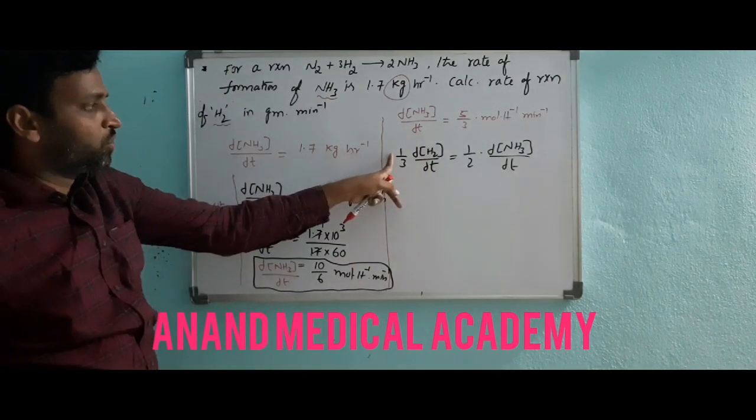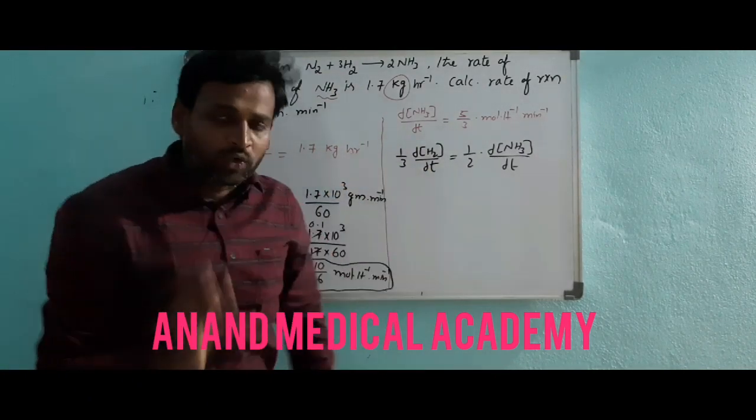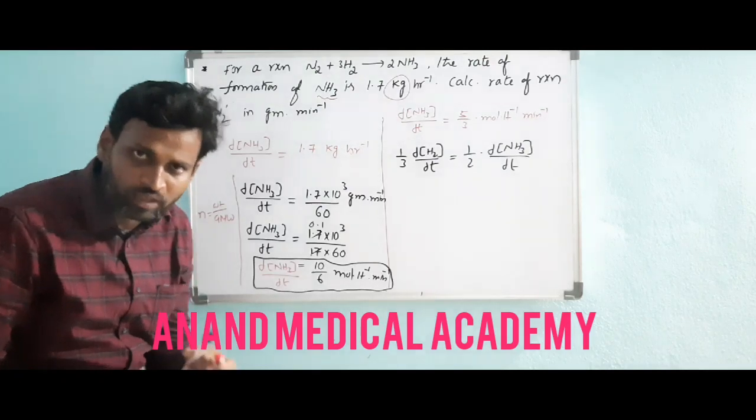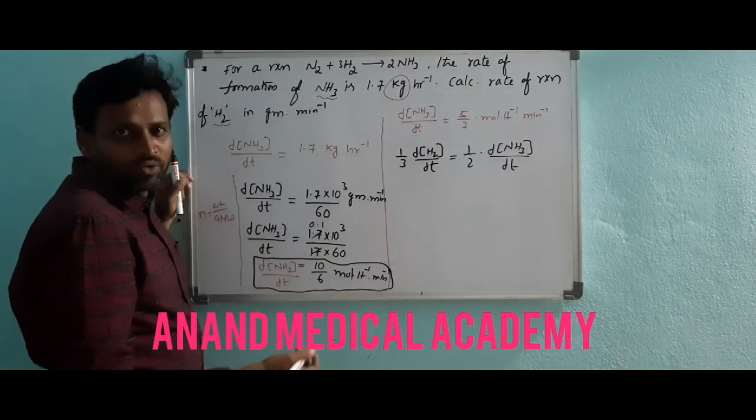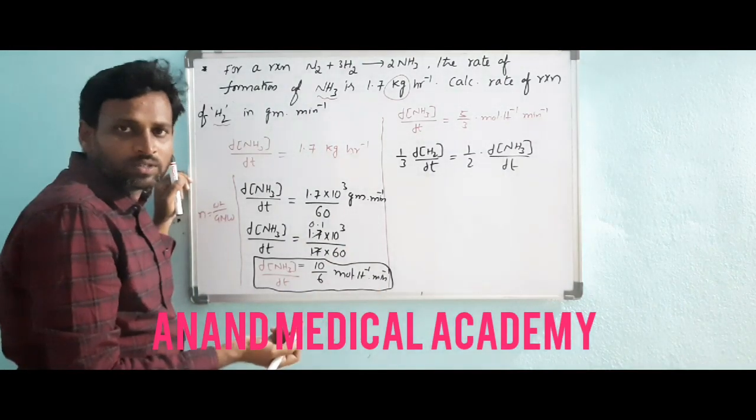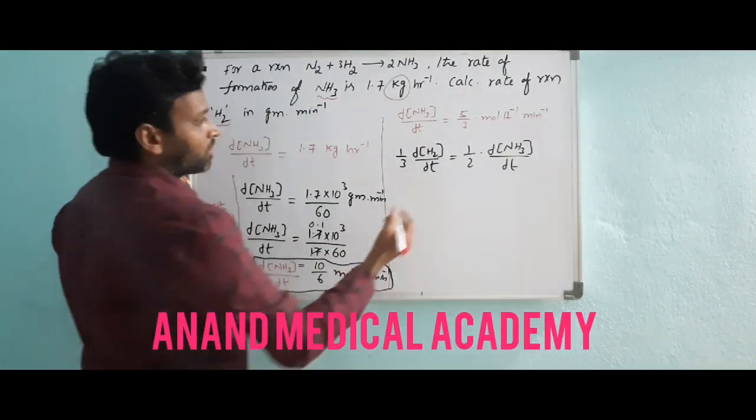Actually for reactants we use minus, but you are not using it. I told you already, for doing numericals you have no need to take minus. Why am I telling this? By mistake you will leave that negative. If the negative option is there in the options, it will be wrong for you.